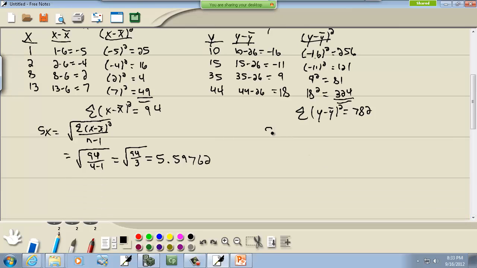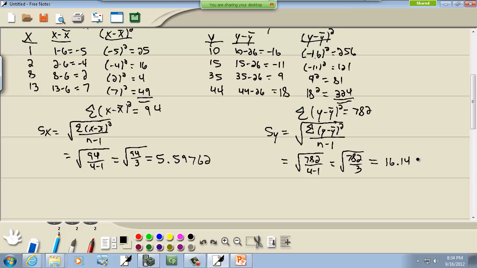So then s sub y is going to equal the square root of the sum of y minus y bar squared over n minus 1, which gives us 782 over 4 minus 1, 782 over 3. And 782 divided by 3, taking it to 5 decimal places again, we get 16.14517. Okay.